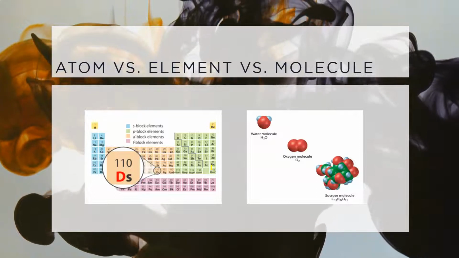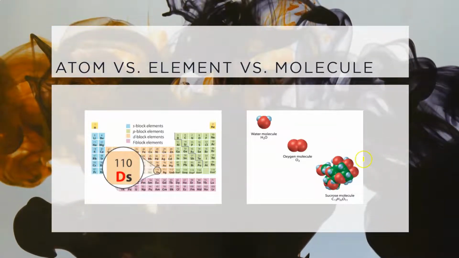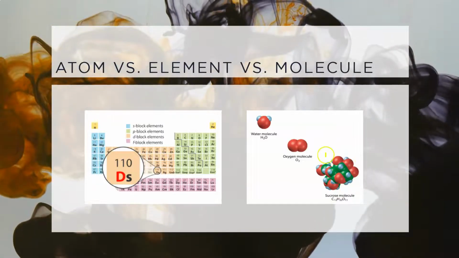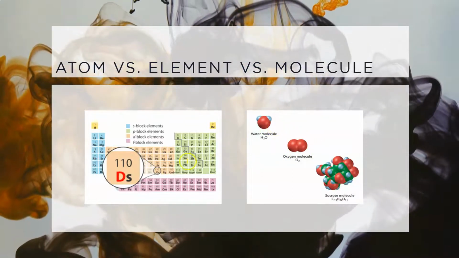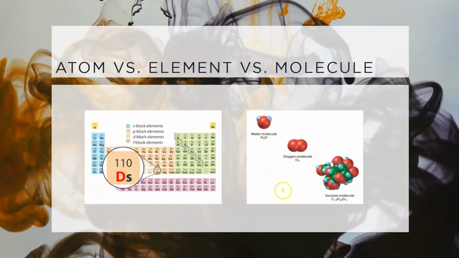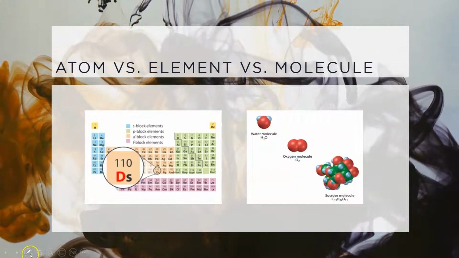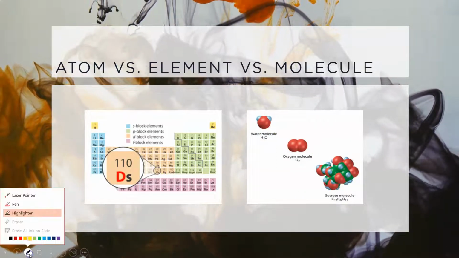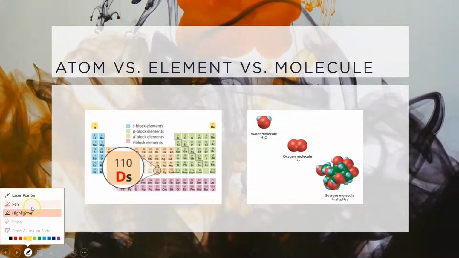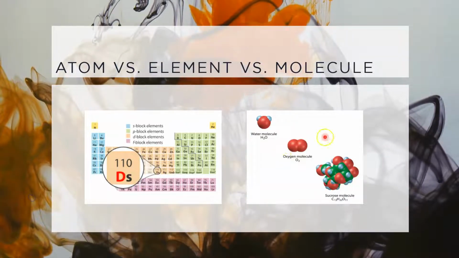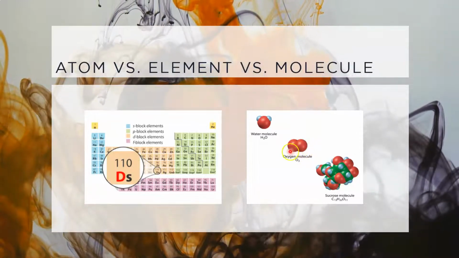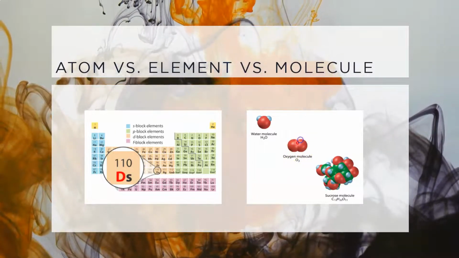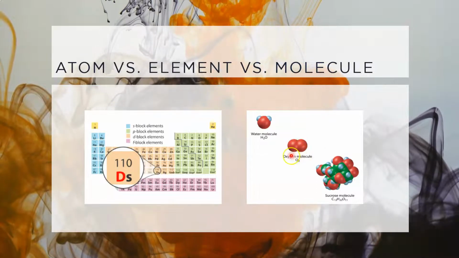So we actually want to take a look at a sucrose molecule here. As you can see, we've got a few examples of molecules. We've got a water molecule, an oxygen molecule, and a sucrose molecule. Now, because the oxygen is only made up of one type of atom, it's two oxygen atoms formed together.